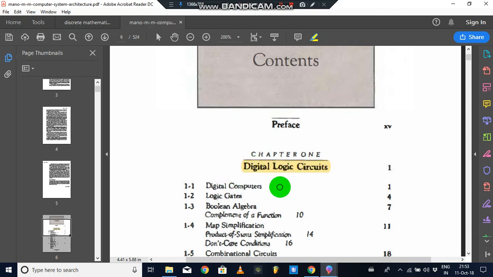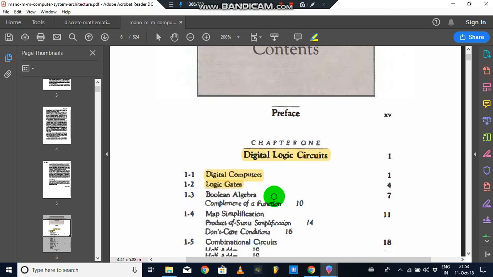So what is topic 1.1? Digital computer. What is the digital computer? It follows only 0 and 1 and logic gates. What is the logic gate? AND, OR, NOT, Boolean algebra and identities, complement of a function, map simplification, product of sums, sum of products, Karnaugh map.